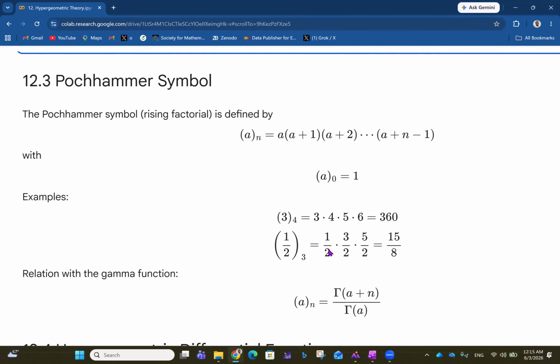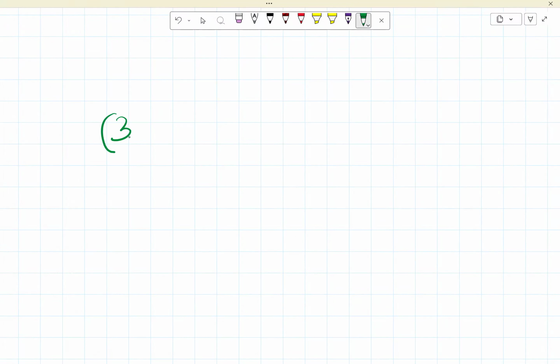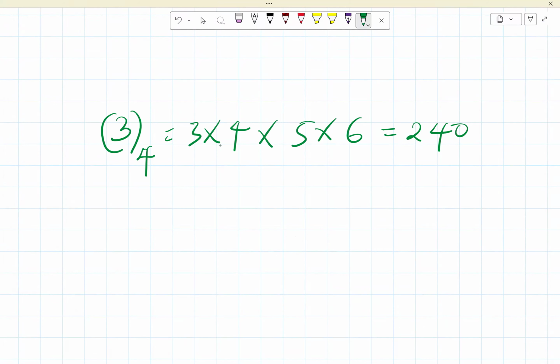A very good example of that would be 3 sub 4, that's 3 times 4 times 5 times 6. That is 20 times 18, or that's 360.